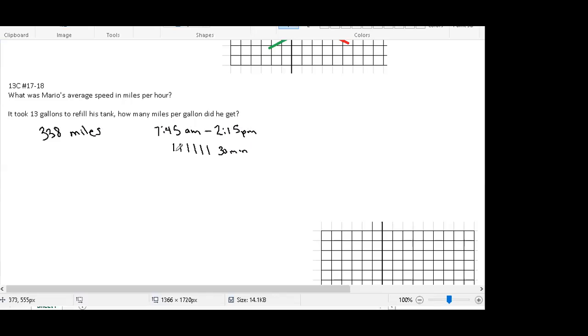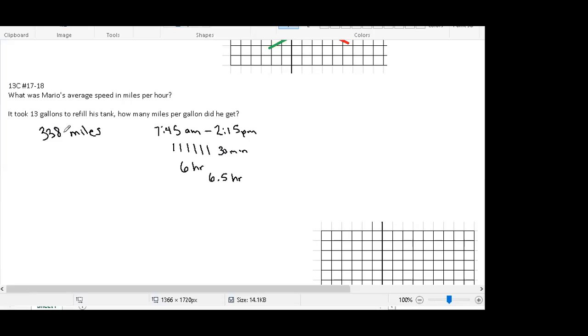So here I was keeping track of the hours: 1, 2, 3, 4, 5, 6. So 6 hours and 30 minutes. If we want to write that in all hours, we would say 6.5 hours.